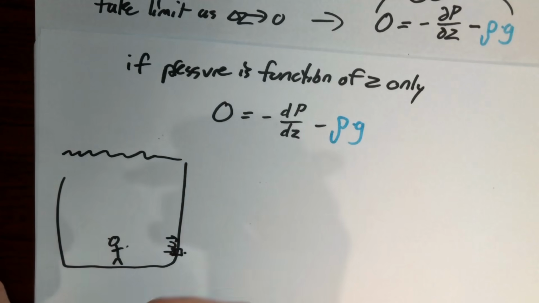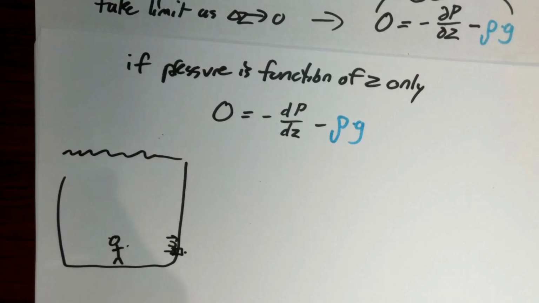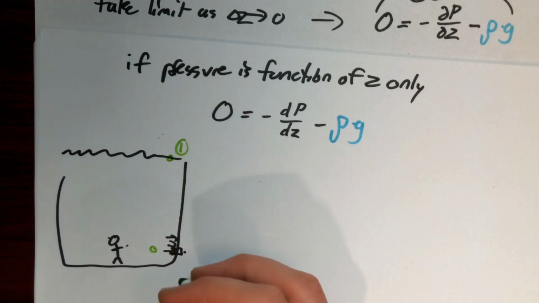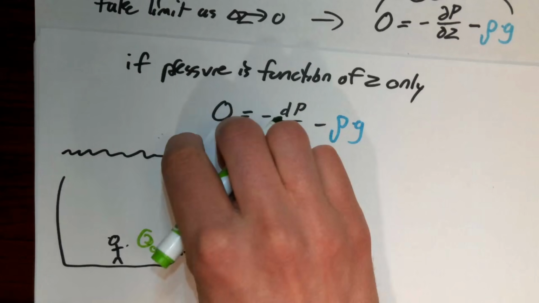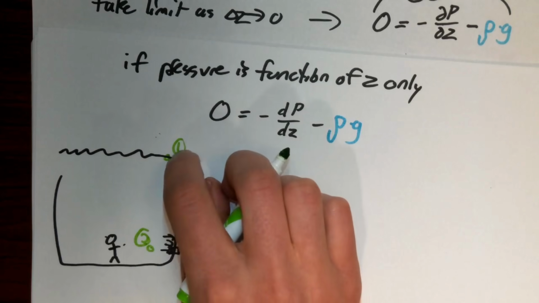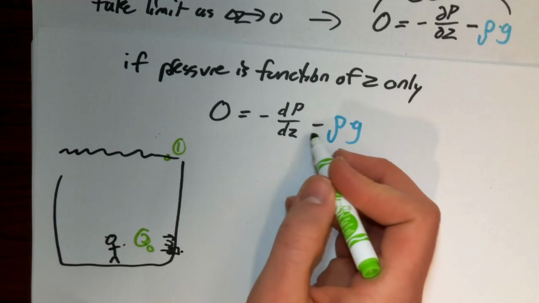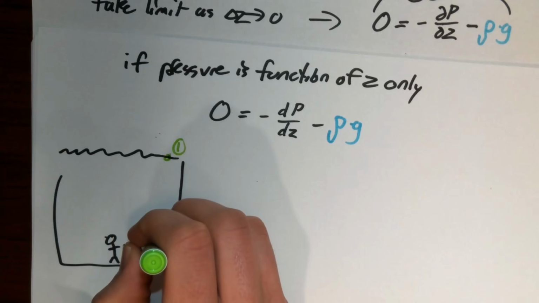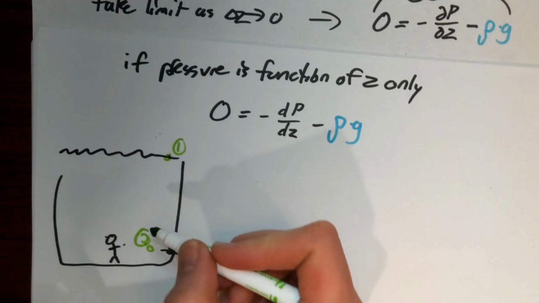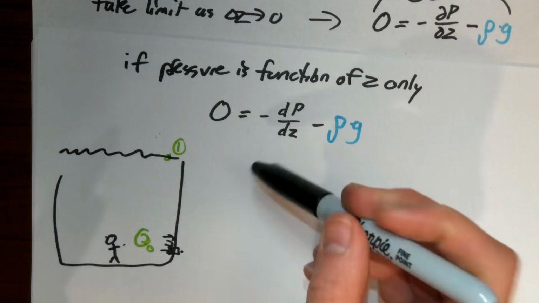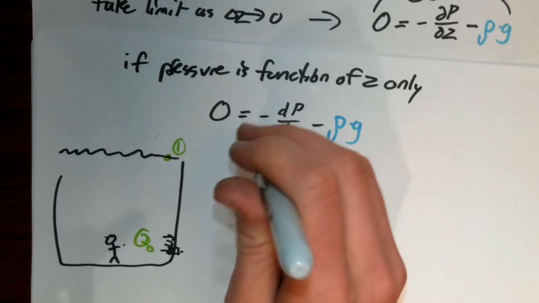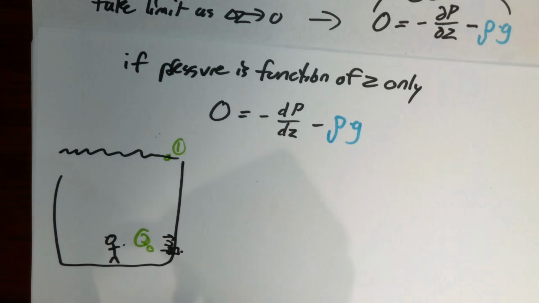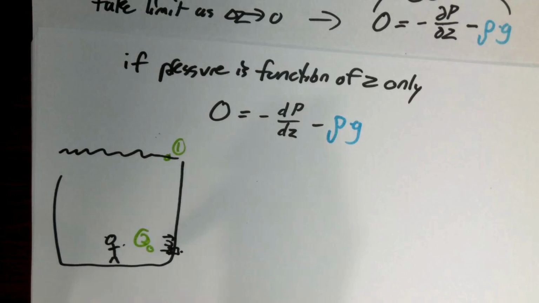I would rather have some kind of expression that maybe can relate the pressure at some point up here and some point down here in the flow or in the fluid, right? So, you know, a differential equation doesn't really lead me to many insights, but something that relates a pressure at two separate points in the fluid, that's going to be a lot more useful. So if we have this differential equation, we can manipulate it a little bit, we can integrate it, and that can give us a relationship between these two points, right? So how's that going to help us?